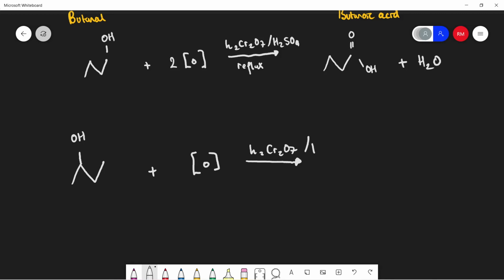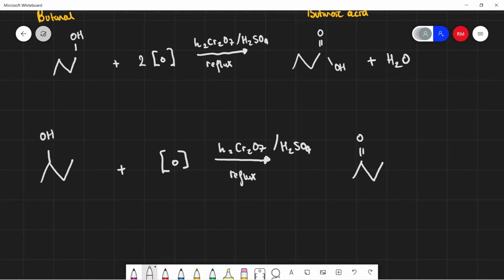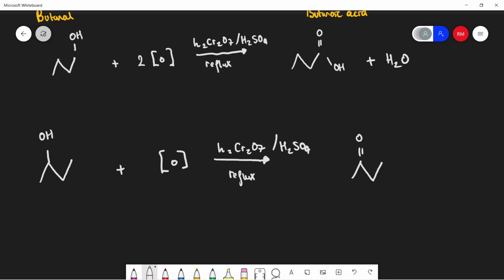And our oxidizing agents here are the same: acidified potassium dichromate and sulfuric acid. This is under a reflux setup, and this time we're going to end up with a ketone, which is just this double bonded O right here on a secondary carbon, with the byproduct of water.